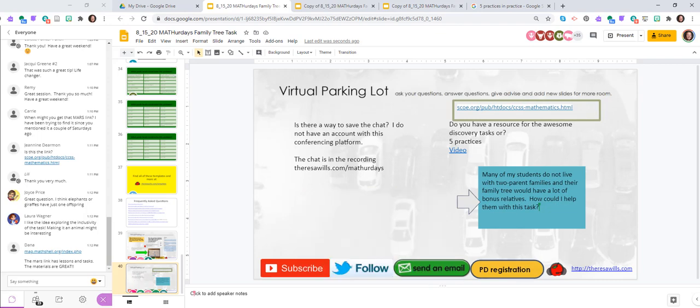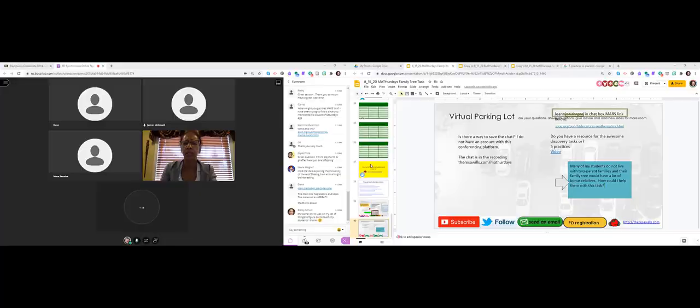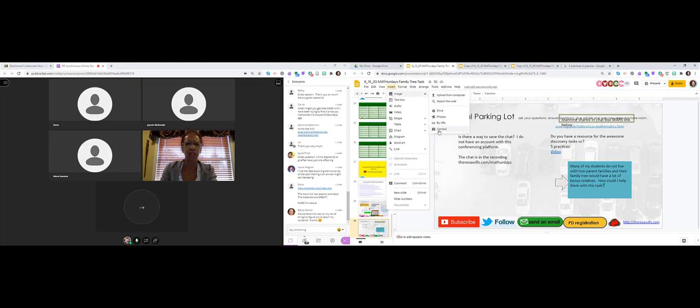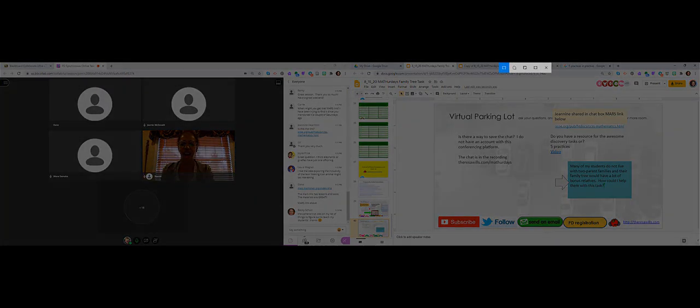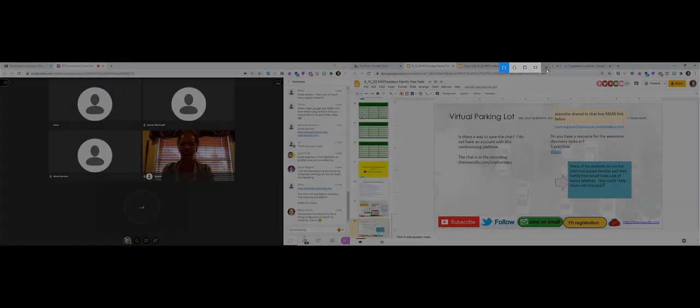Absolutely. Here's what I'm going to do. The way that you would share a picture is go to Insert, Image, and then press Camera. You'll be able to take a picture of it, and if you all want to go ahead and paste them on slide 40, we can see what it looks like, and we'll be able to upload them.